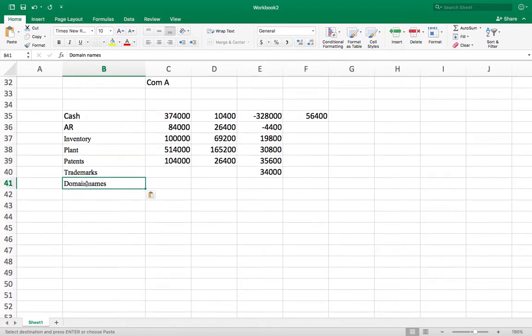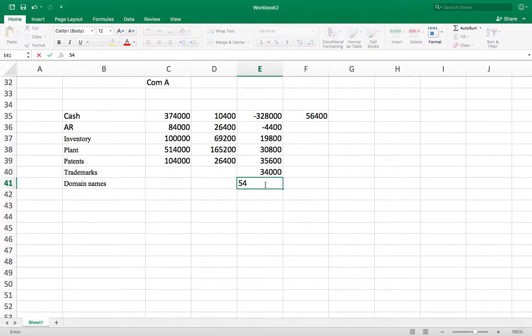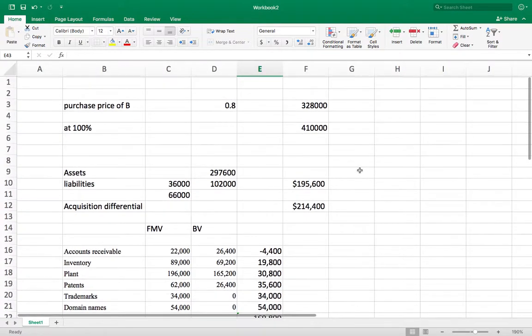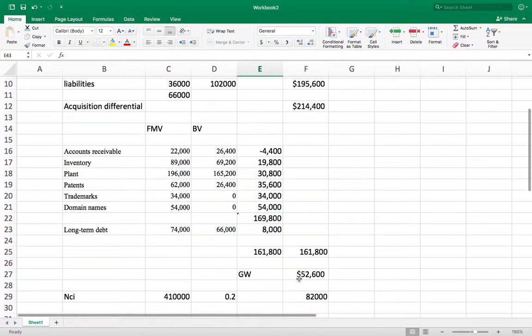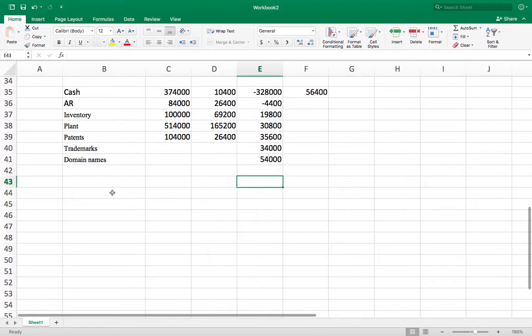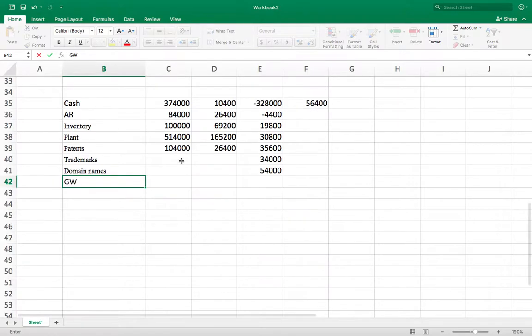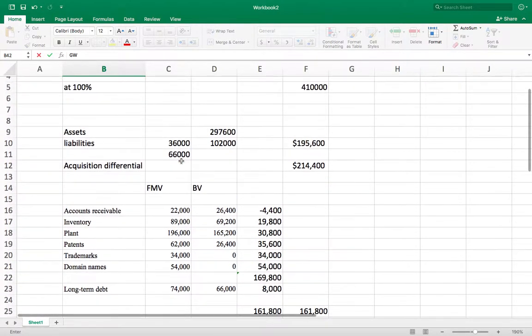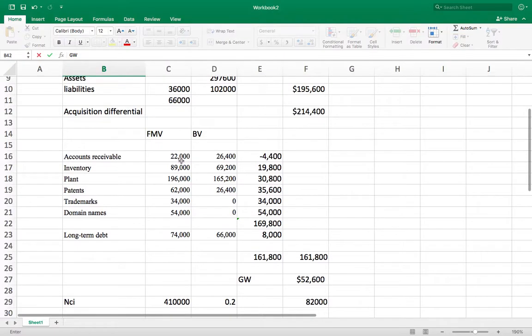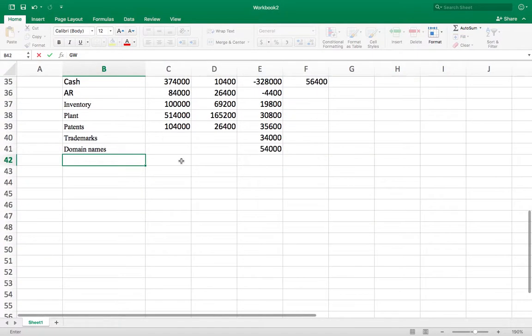We didn't have anything before, we just have this one, so it's 54,000. Since it's balance sheet, we have to put the goodwill. Goodwill is 52,600.